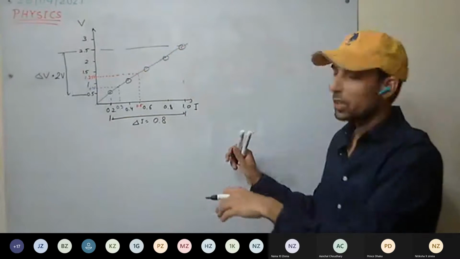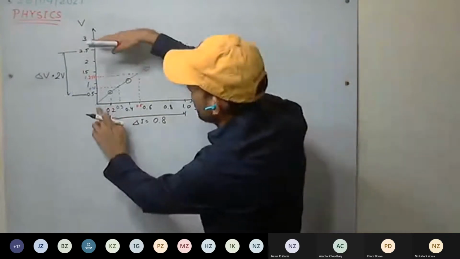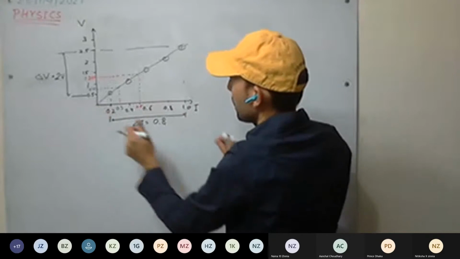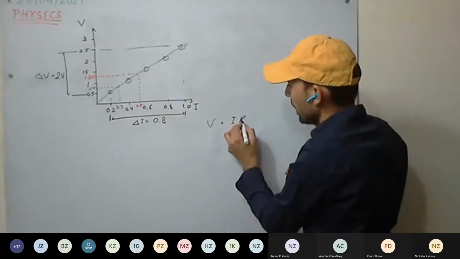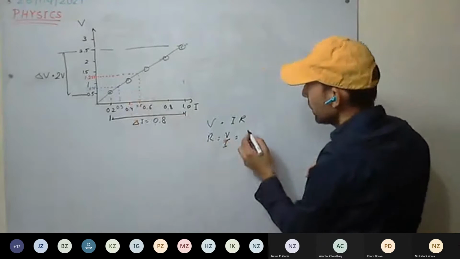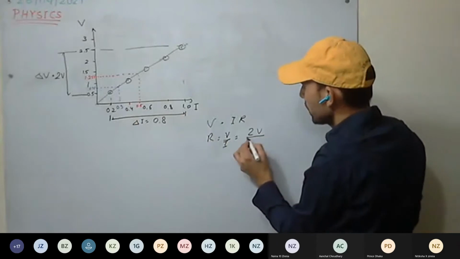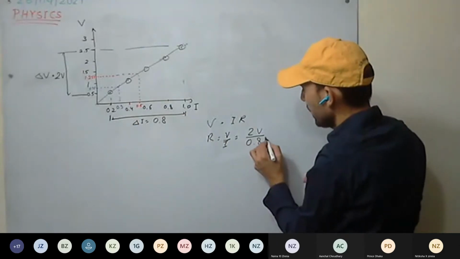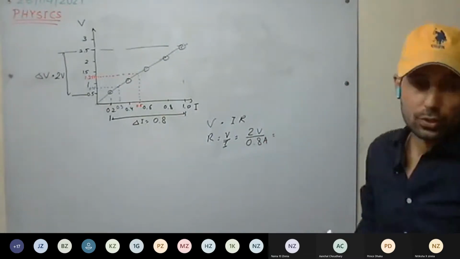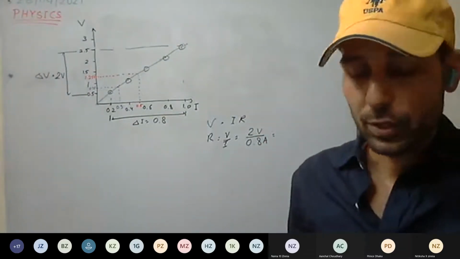There are many ways to calculate this. You can simply take 0 here, 2.5 divided by 1. V equal to IR, R equal to V by I. So it will be 2 volt divided by 0.8 ampere, which is 2.5 ohm.